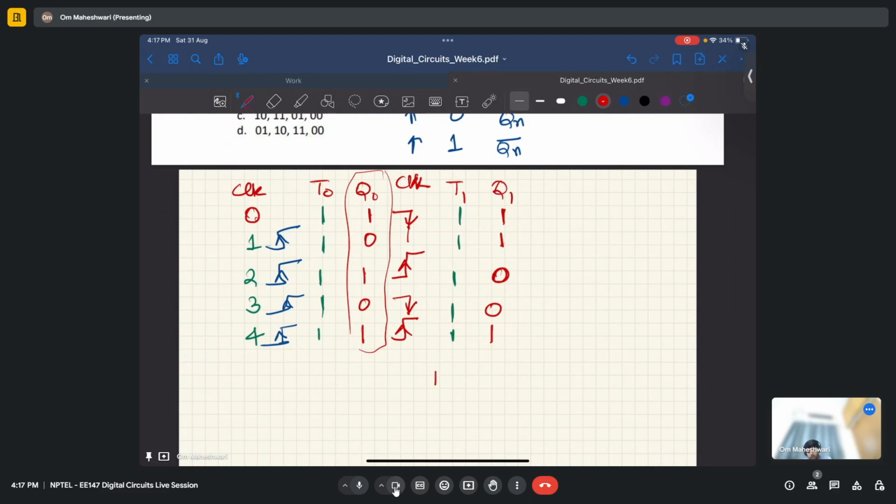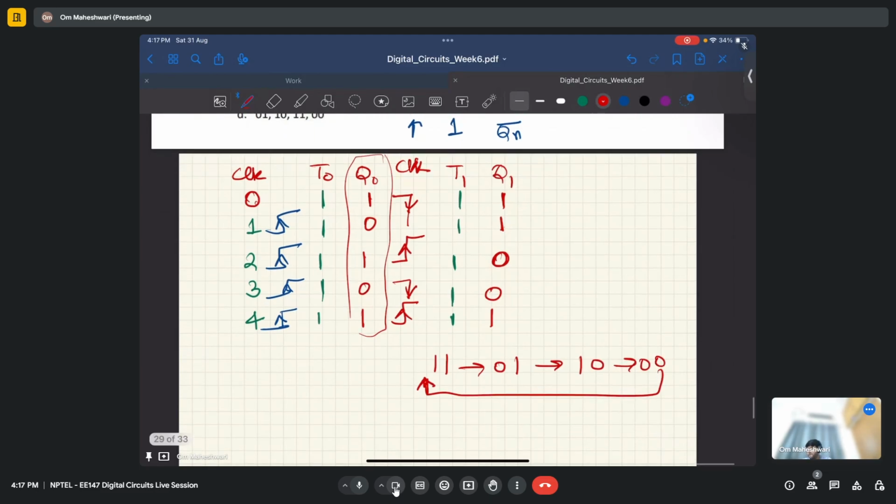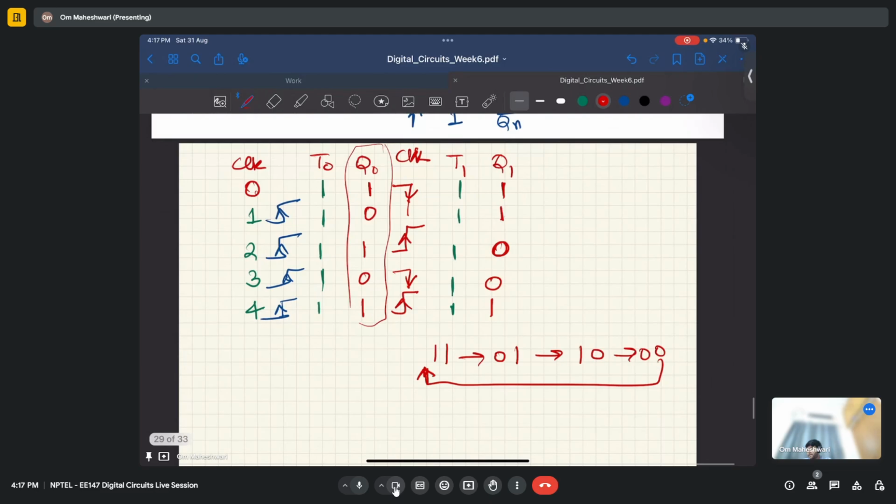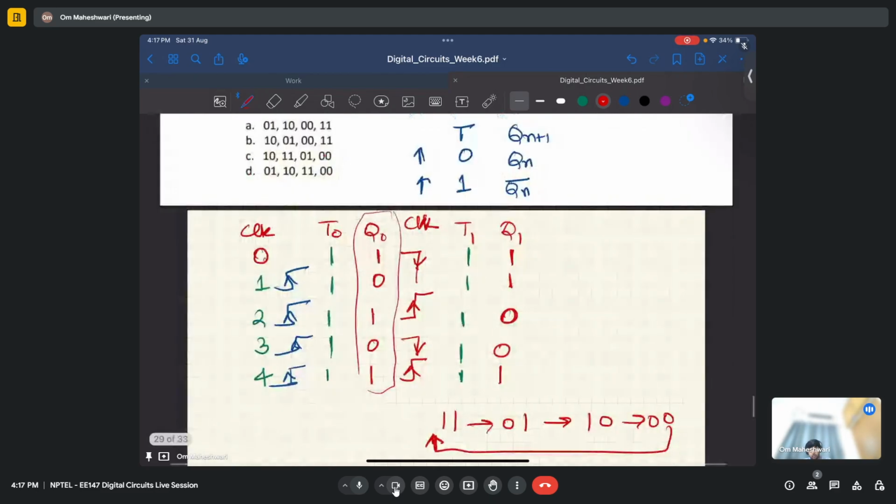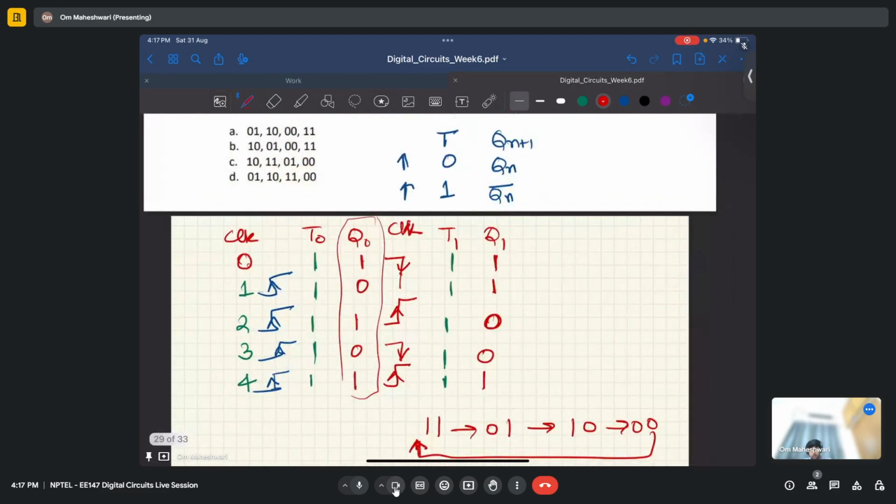So the output, the next four states, is 0 1, 1 0, 0 0, 1 1. Option A.